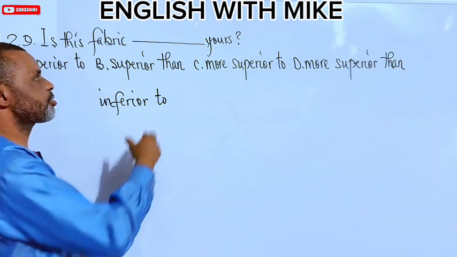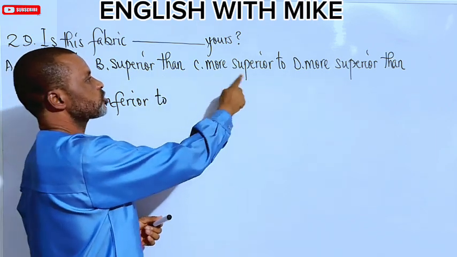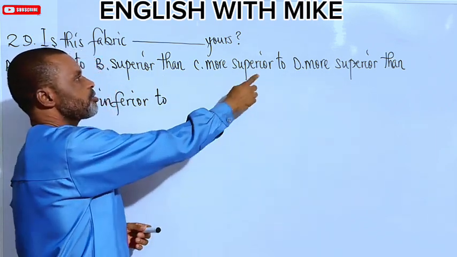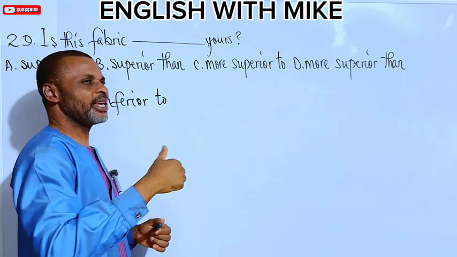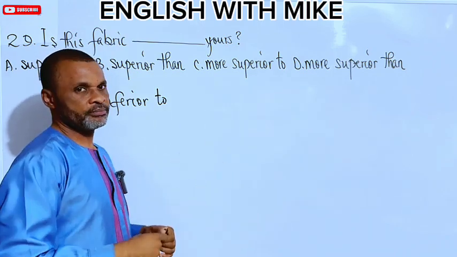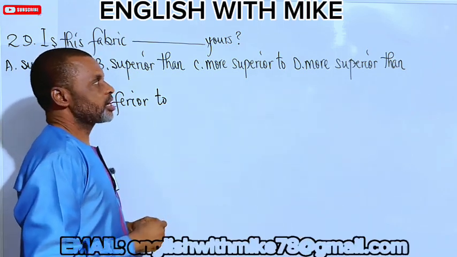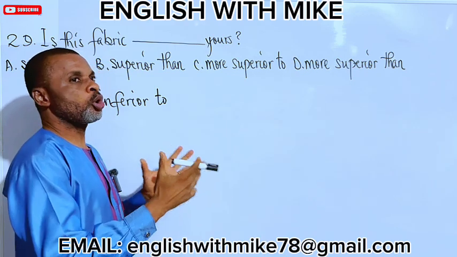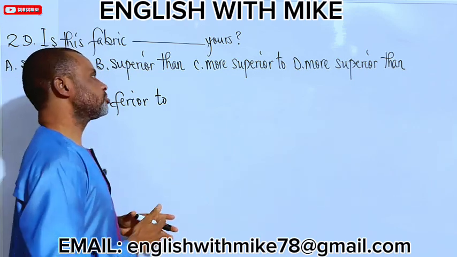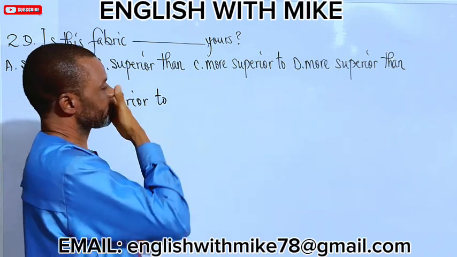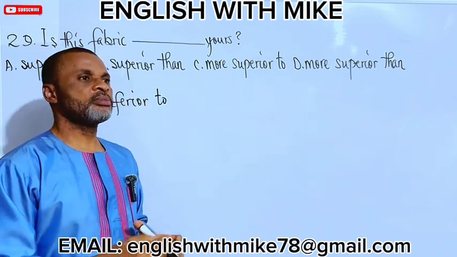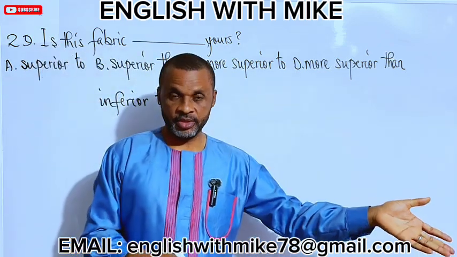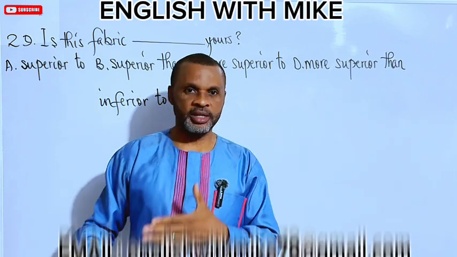We don't say superior than, and we don't use more superior, because superior itself is already in the comparative degree. Adjectives that are in the comparative degree cannot be used with more or less. It's already in the comparative degree. So we simply say that something is superior to another or is inferior to another in the negative.